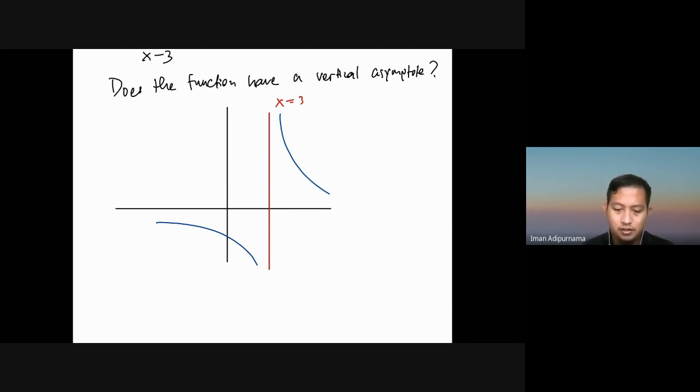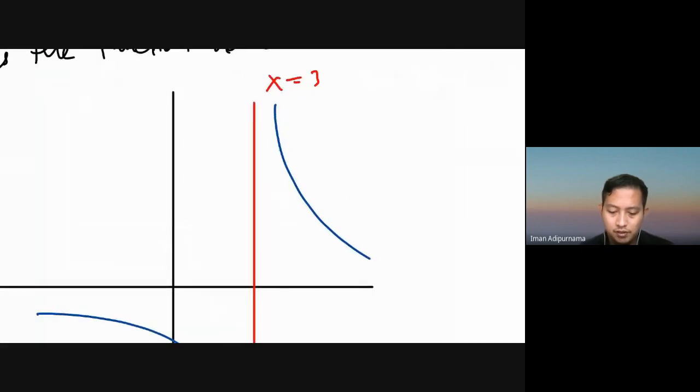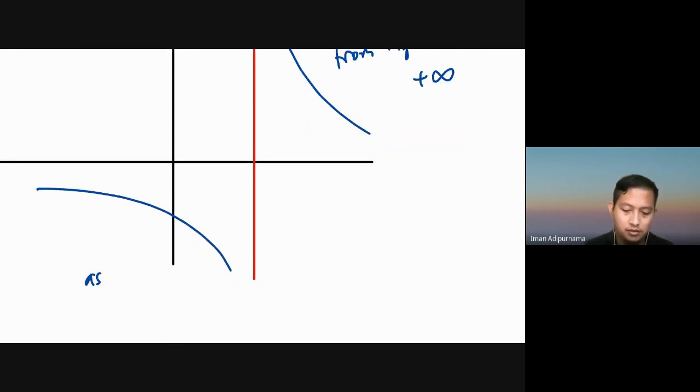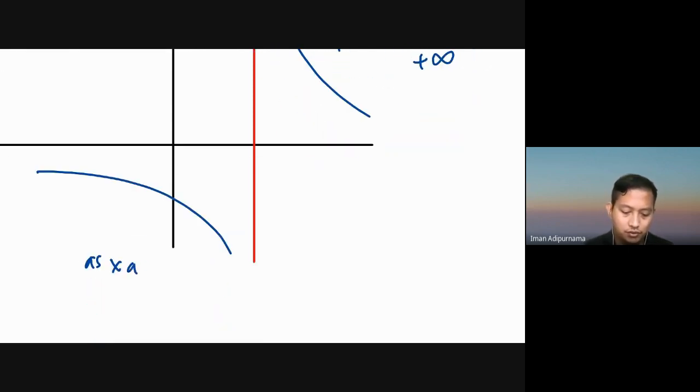If you look here, from the right side, as x approaches 3 from the right side, it's going to have positive infinity, right? And as x approaches 3 from the left, it's going to have negative infinity.